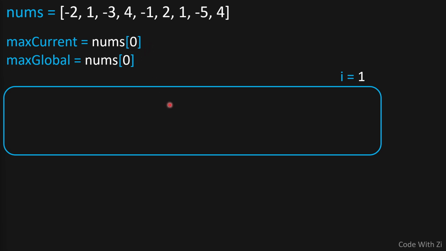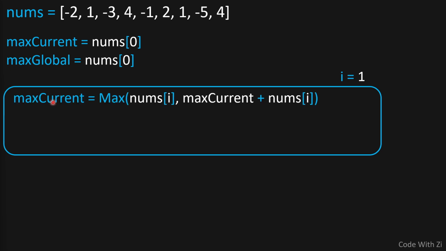Then inside of our loop, we're going to say max current is equal to the maximum number between the current number that we're looping through and max current plus the current number. This one line is going to help us find the maximum subarray. Each time we're asking, is the current number greater than anything we've had so far? If that's the case, let's forget anything we've had so far and start our subarray from this number.